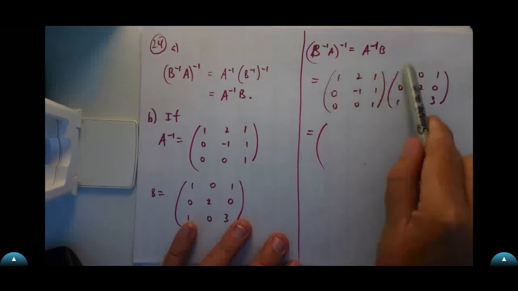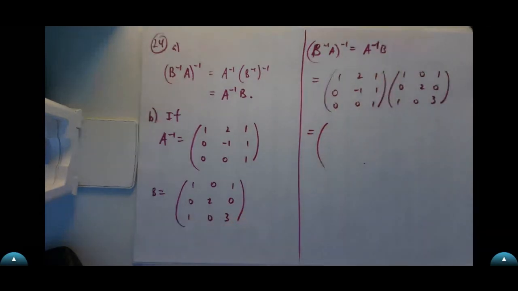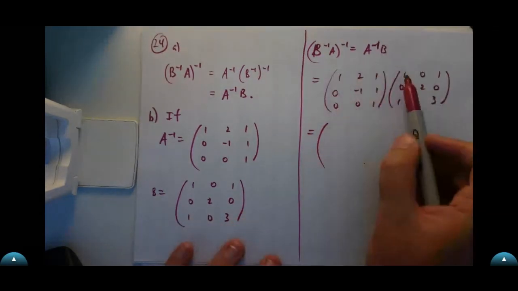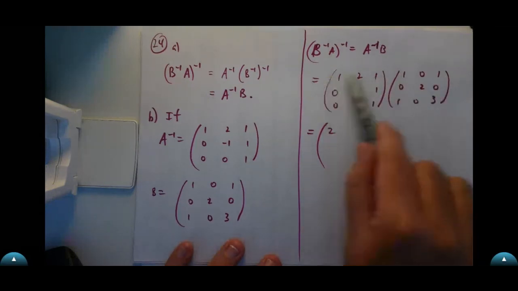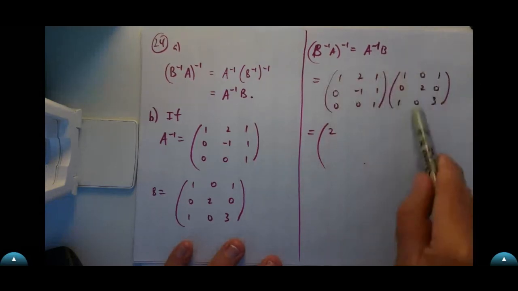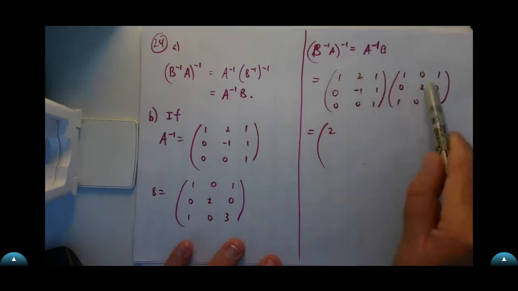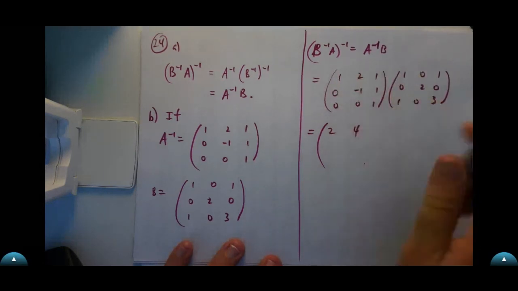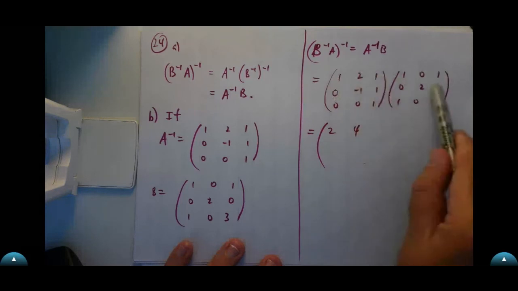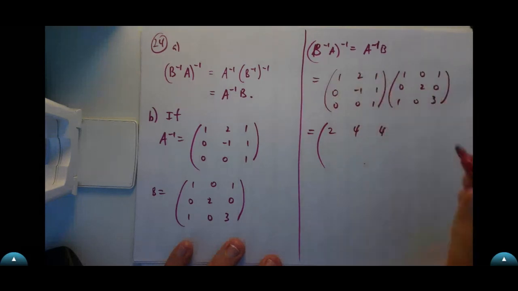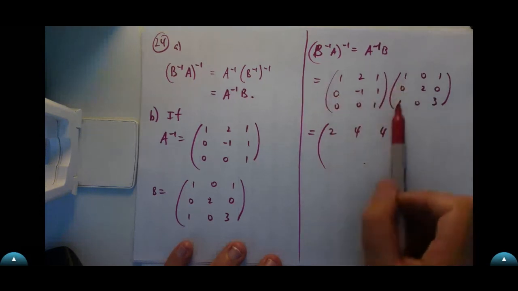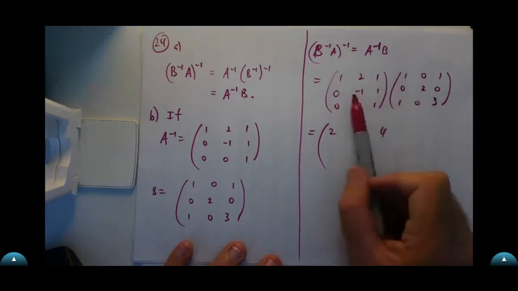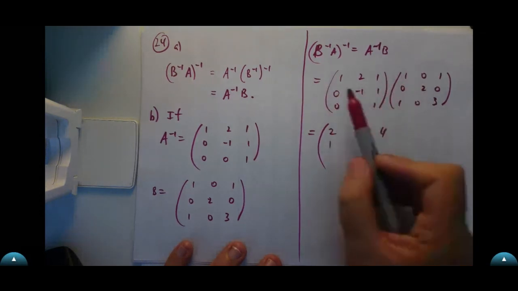So that times that will give us the top left entry. So 1 plus 0 plus 1 is 2. That row times that column: 0, 4, 0, 1, 0, 3. That row times that column will give us that one. So 0, 0, 1.